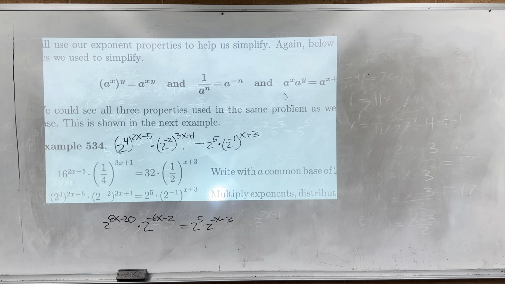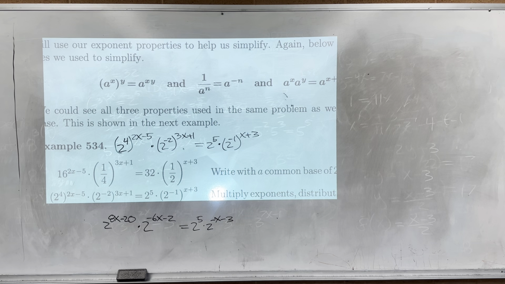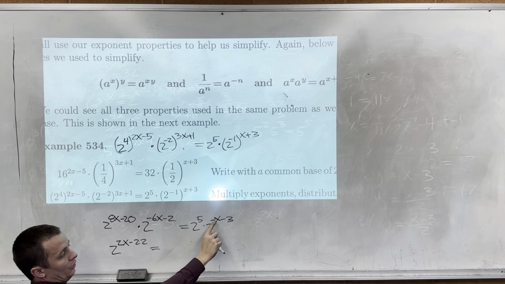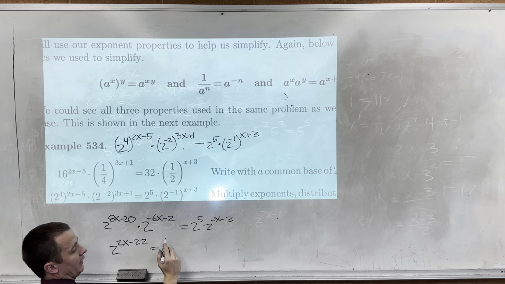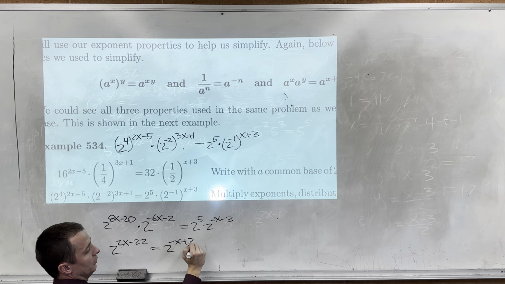Now, when we multiply terms, what do we do with the exponents? Add exponents. So that's 2 to the power of 8x minus 6x is 2x, negative 20 minus 2 is negative 22, is equal to negative x, and then 5 minus 3 just gives us plus 2.